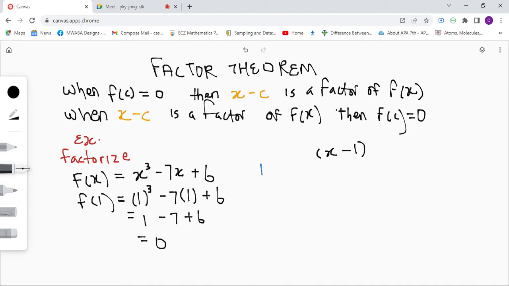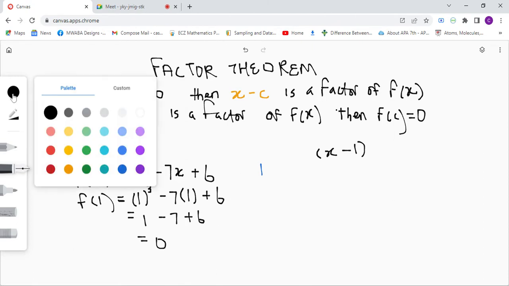Now, we haven't yet finished the question, because we have to factorize this polynomial. We found one factor, and this factor is going to enable us to find the other factors. We can use long division or we can use synthetic division. So let's use synthetic division in this case.